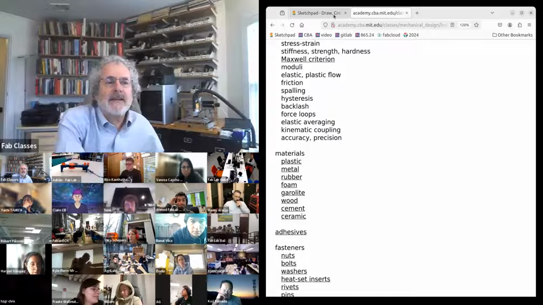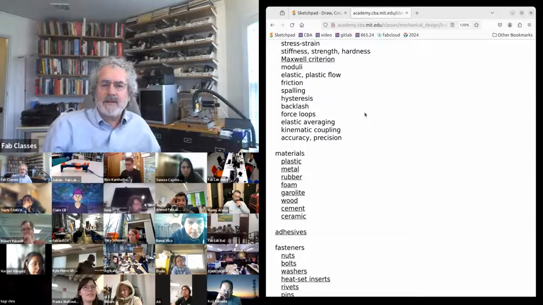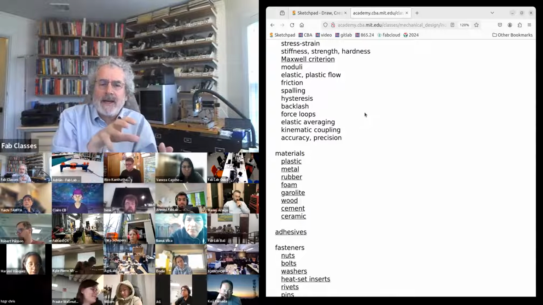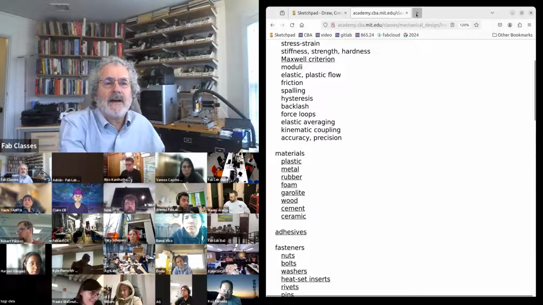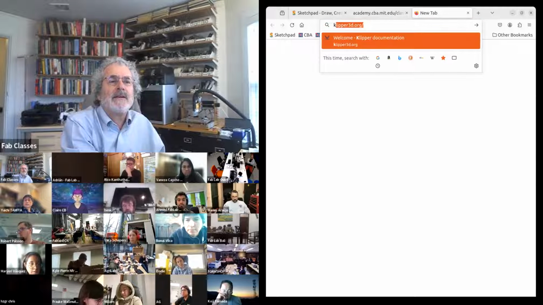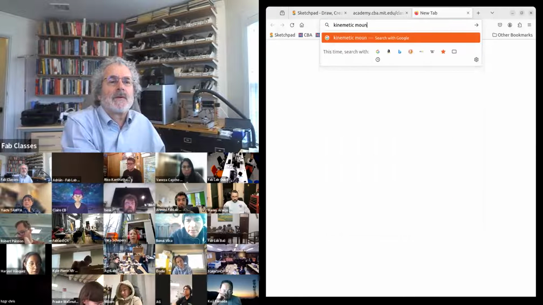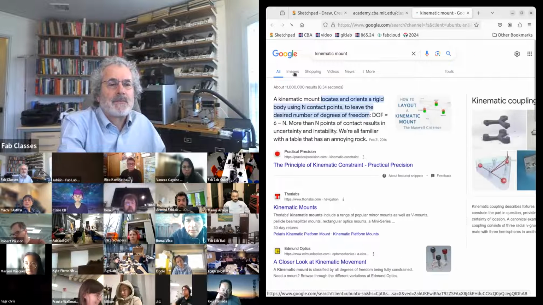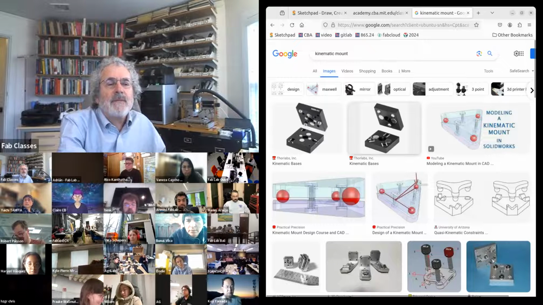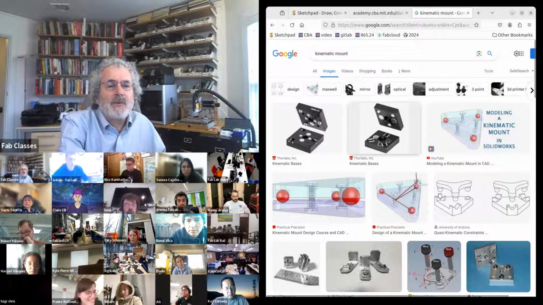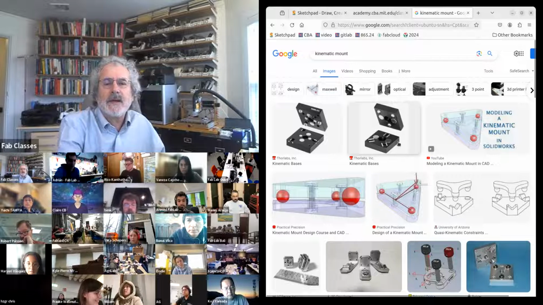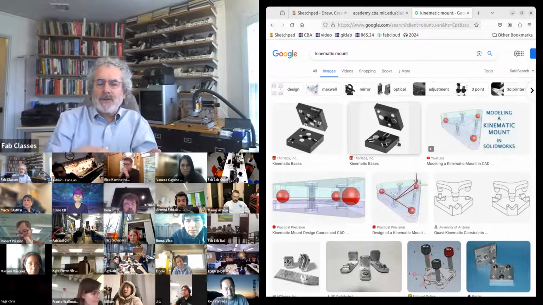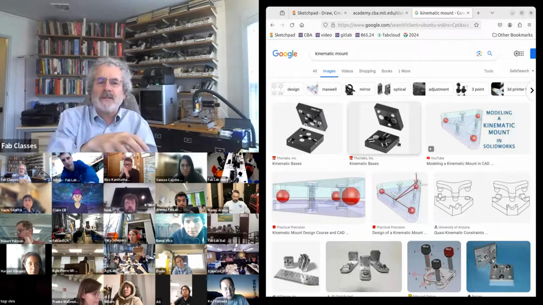Kinematic coupling is something I'll show you when we get to the second part of the class, which is when you remove a tool and you bring it back, you want to align it accurately but easily. And so a kinematic mount, there are a number of versions of them, but if you look at this example, if you have these 3 slots and these 3 balls, one ball can slide, but when you put 3 balls in 3 slots, there's only one solution.